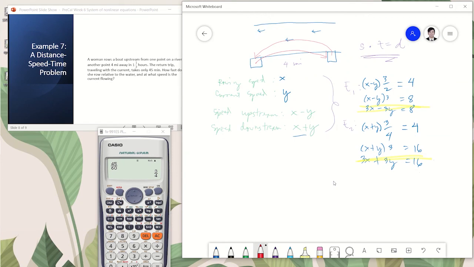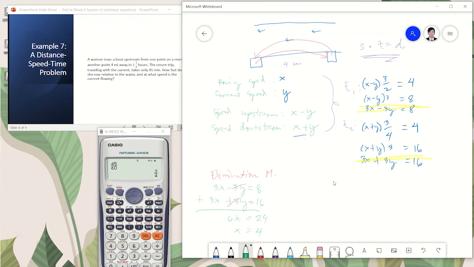So you can use elimination method to easily answer the problem. 3x minus 3y is equal to 8. Then 3x plus 3y is equal to 16. The y terms will be cancelled out. 6x is equal to 16 plus 8 is 24. Then divide both sides by 6. You'll get x equals 4.